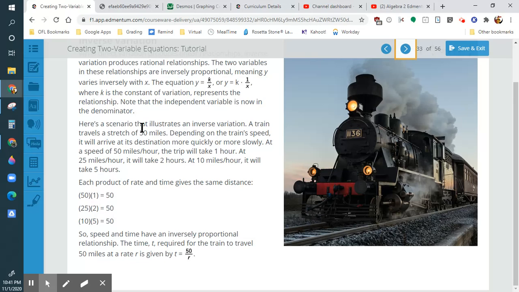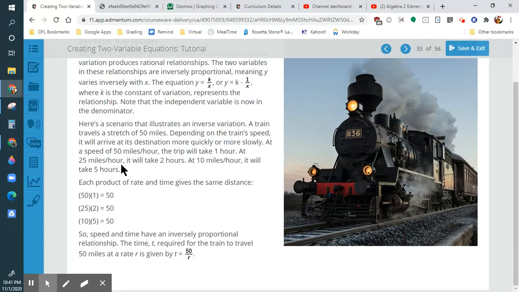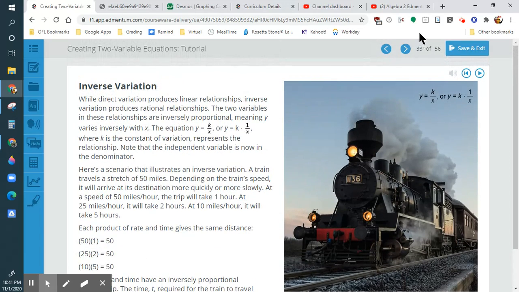And that makes sense. The faster you're going, the less time it takes you to get somewhere. So that's where time is equal to 50 divided by r, the rate of speed. I believe in this case, 50 is how many miles per hour it would take 1 hour. So the slower you go, obviously, the longer it would take.